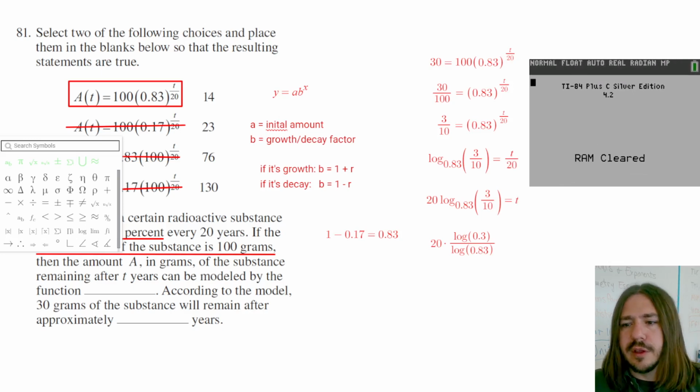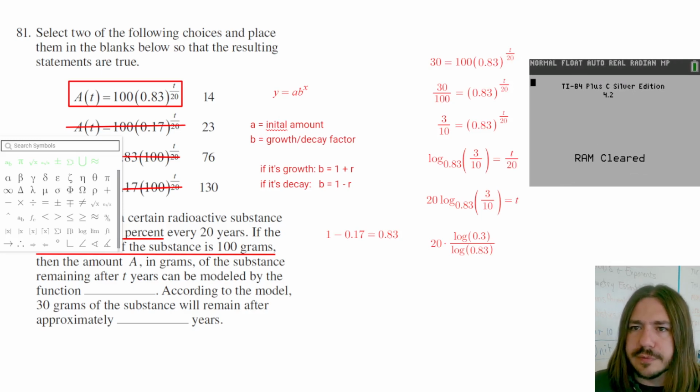I'm using a TI-84 here. You won't get to use the graphing calculator, but the calculator you get to use will do everything you need to do here. So 20 times, and then you type in a fraction: log of 0.3 divided by log of 0.83.